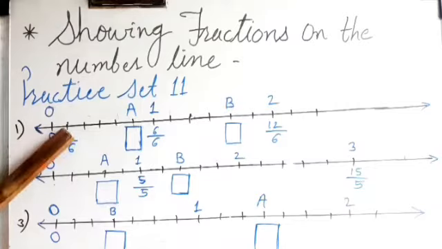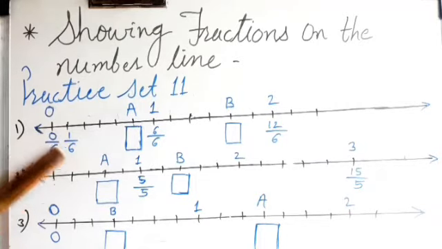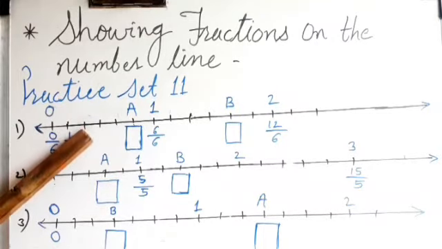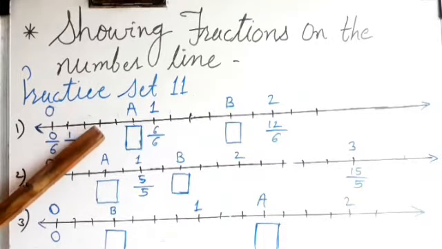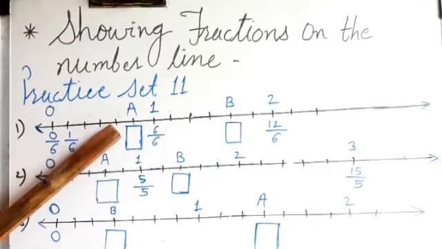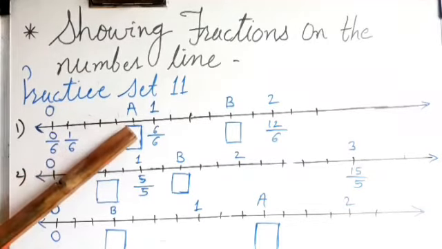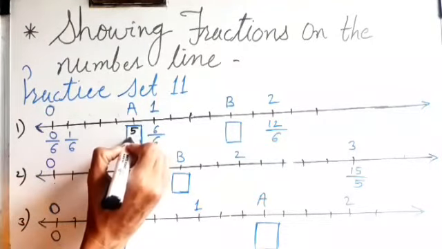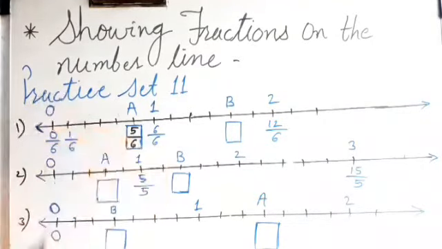The second line will be 1 upon 6. First it starts from 0, that is 0 upon 6, then 1 upon 6, then 2 upon 6, 3 upon 6, 4 upon 6, here 5 upon 6.